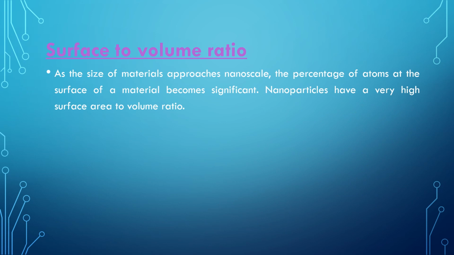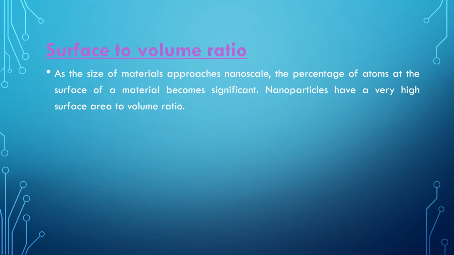Next, we'll see the surface to volume ratio. As the size of a material approaches nanoscale, the percentage of atoms at the surface of the material becomes significant. Nanoparticles have a very high surface area to volume ratio. When you consider bulk material, the interatomic distance is more, and we sometimes know this as void. Due to that, the surface area to volume ratio is less.